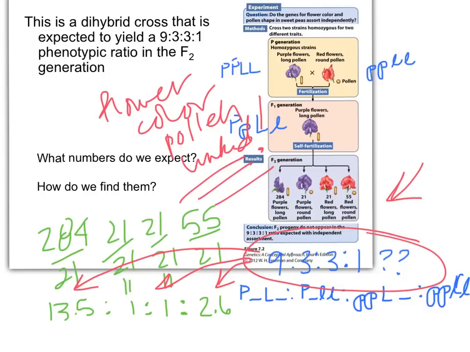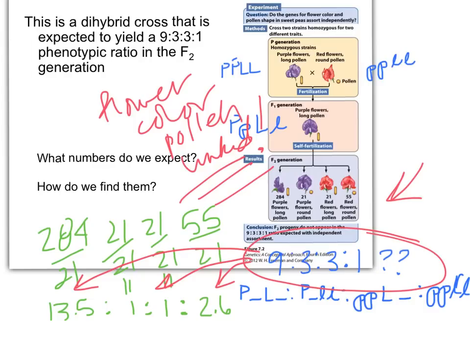It might be 9.2 to 3.1 to 2.9 to 0.9, right? But that's close to 9 to 3 to 3 to 1. How do you know if it's linked or not linked? Linked, close together on the same chromosome. Not linked, independently assorting, way far apart, or on separate chromosomes.